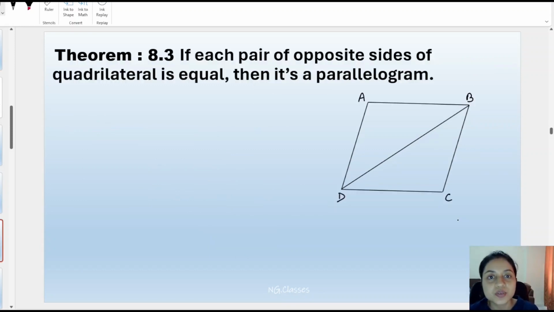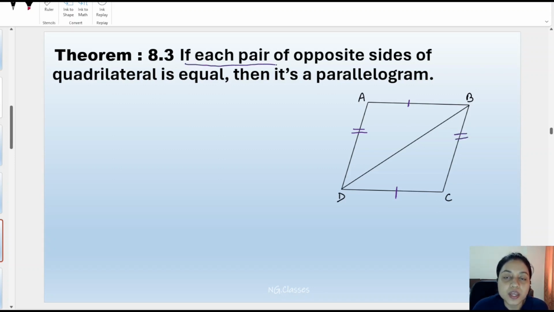Our next theorem says if each pair of opposite sides of a quadrilateral is equal, then it's a parallelogram. So we have a quadrilateral ABCD over here. We know that in this quadrilateral, side AB is equal to side CD and side AD is equal to side BC, as given in the theorem.